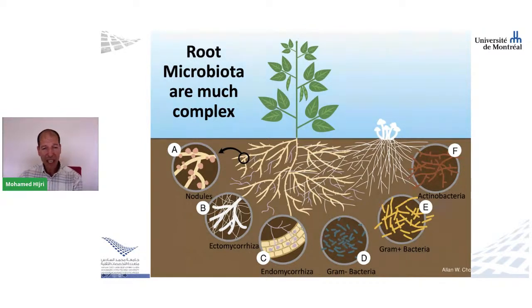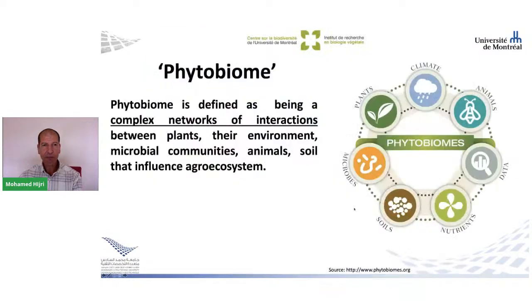We have ectomycorrhiza, typically for shrubs and trees in forests. We have endomycorrhiza that are much more common. Gram-positive bacteria, gram-negative bacteria, and also actinobacteria. As you can see, all these microbes are interacting with each other.